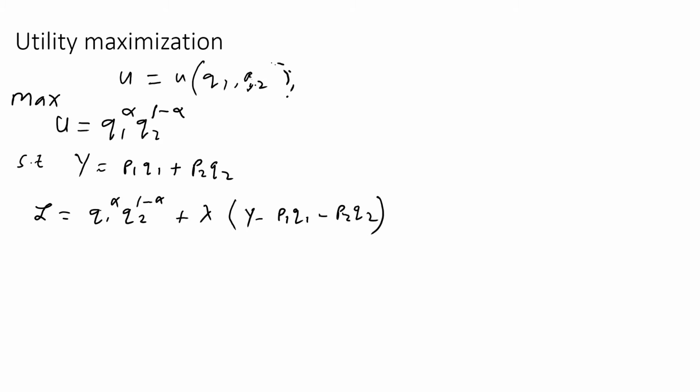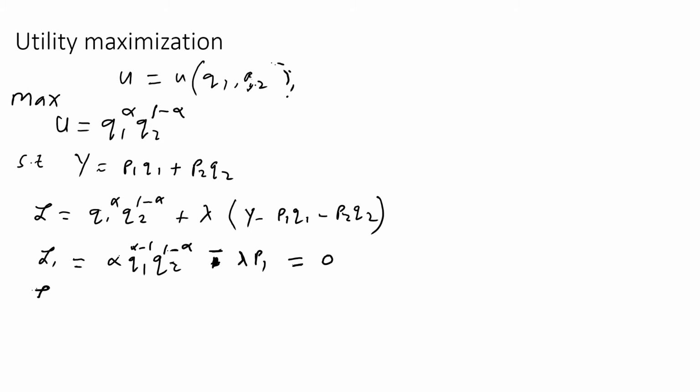This is our Lagrangian. The first order condition with respect to q1 equals alpha q1^(alpha minus 1) q2^(1 minus alpha), plus lambda, and we have p1, so with the negative sign, minus lambda p1, and this entire expression should equal 0.